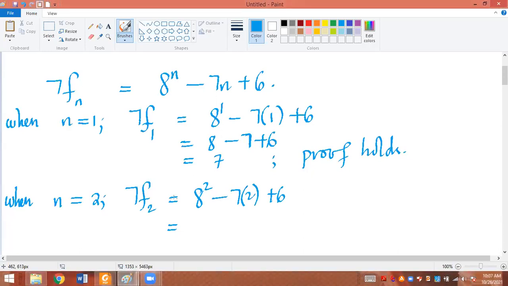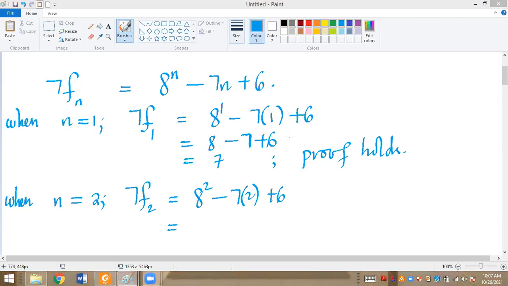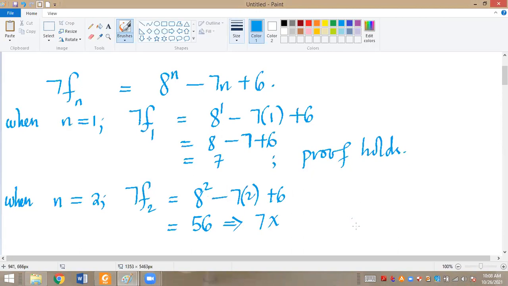Sir, 56. 56. So that's good. Is 56 a multiple of 7? That 56 as a multiple of 7, it's 7 times what? 7 times 8. It's a multiple of 7. That implies that the proof is true.